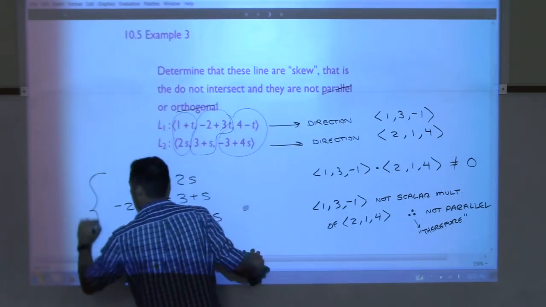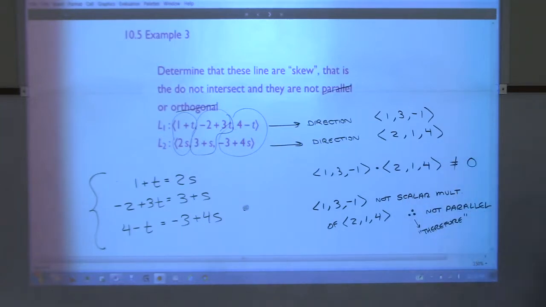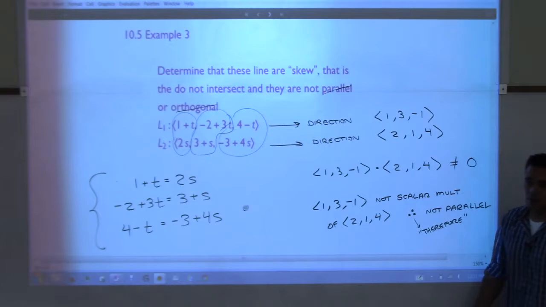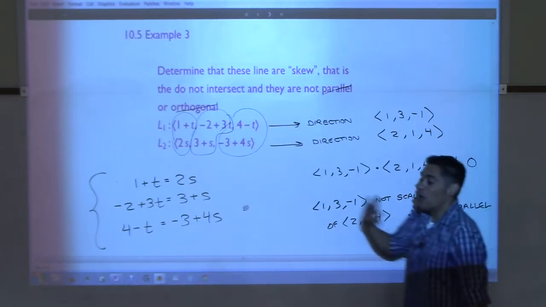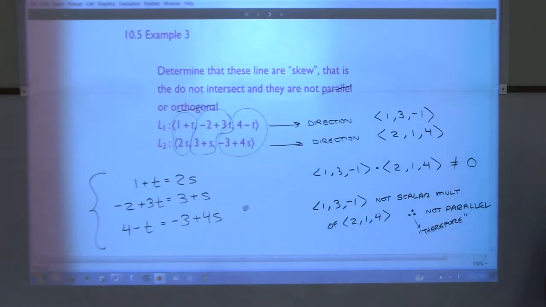And this right here, I have just created a system of equations. I have how many equations? 3. How many unknowns? 2. So if there is a solution, I should be able to find it. I have more equations than unknowns. It's bad when you have it the other way around. When you have more unknowns than equations, you're going to have trouble nailing down a solution.